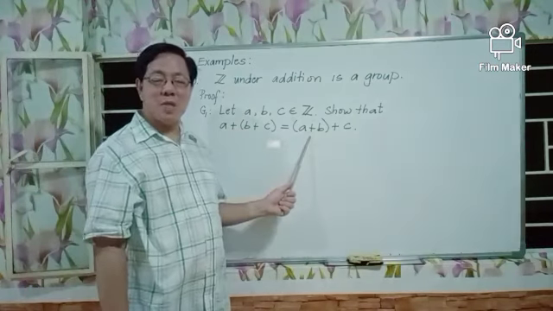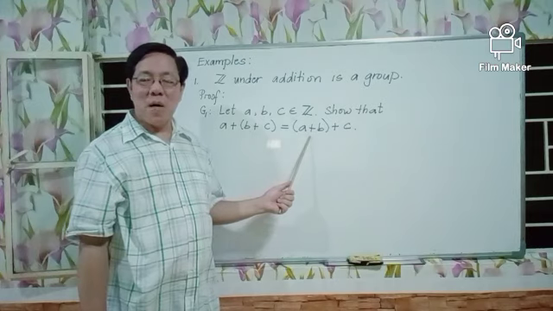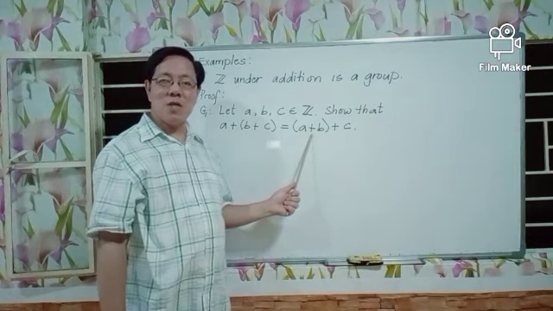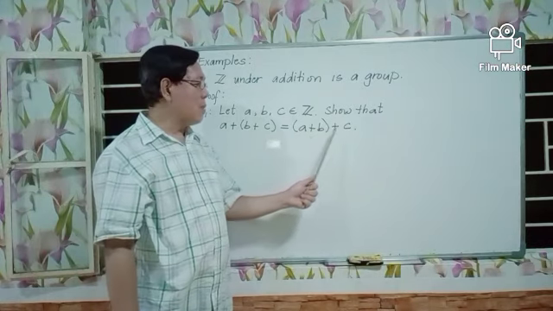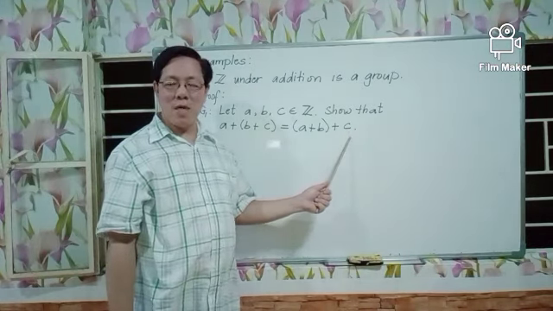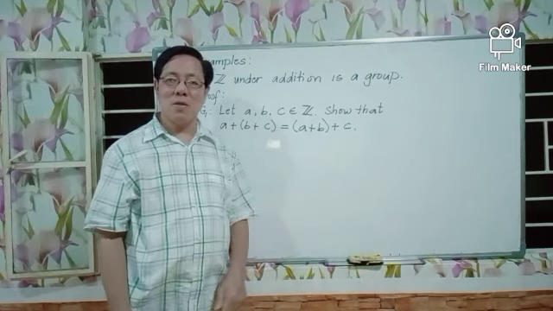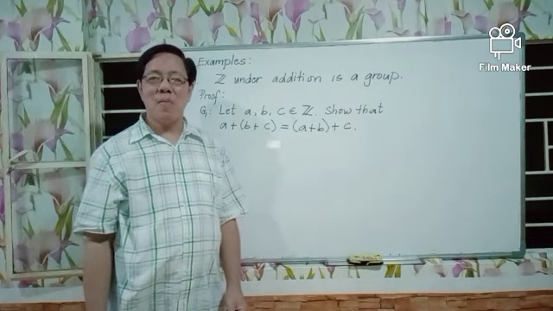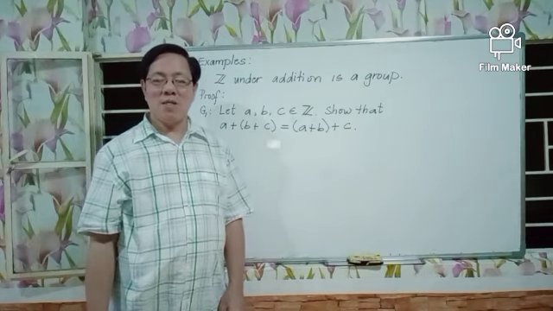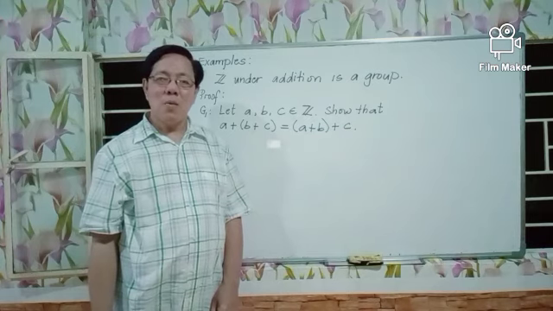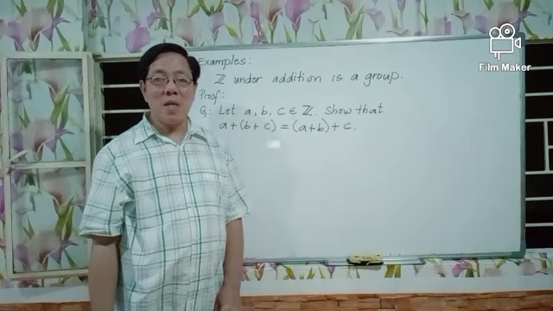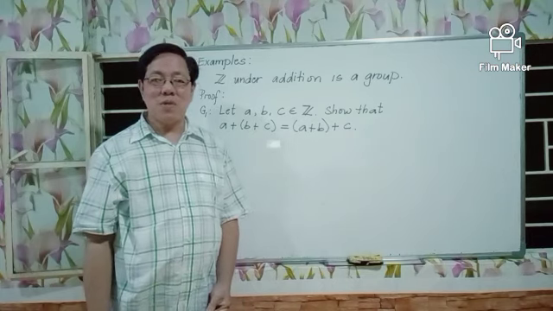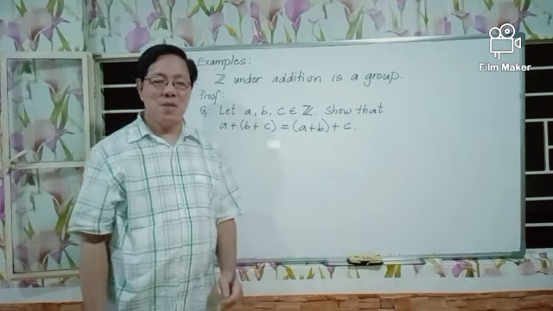if you select to combine first the first two elements A and B by the operation addition, and the sum you combine with the third real number C, and the results are the same because addition of real numbers satisfies the associative property, which means that grouping is not important when you take the sum of real numbers or when you add real numbers.